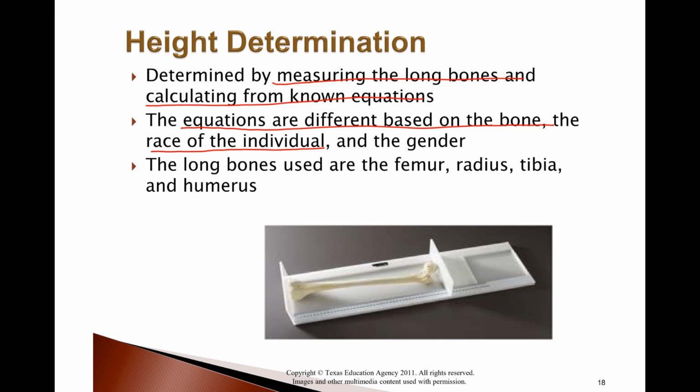And then of course we have to take into consideration the gender, because girls tend to be smaller or shorter than boys. The long bones that we typically use for these are the femur, the radius, the tibia, and the humerus. The femur would be a leg bone, the radius would be an arm bone, the tibia would be a leg bone, and the humerus would be another arm bone.